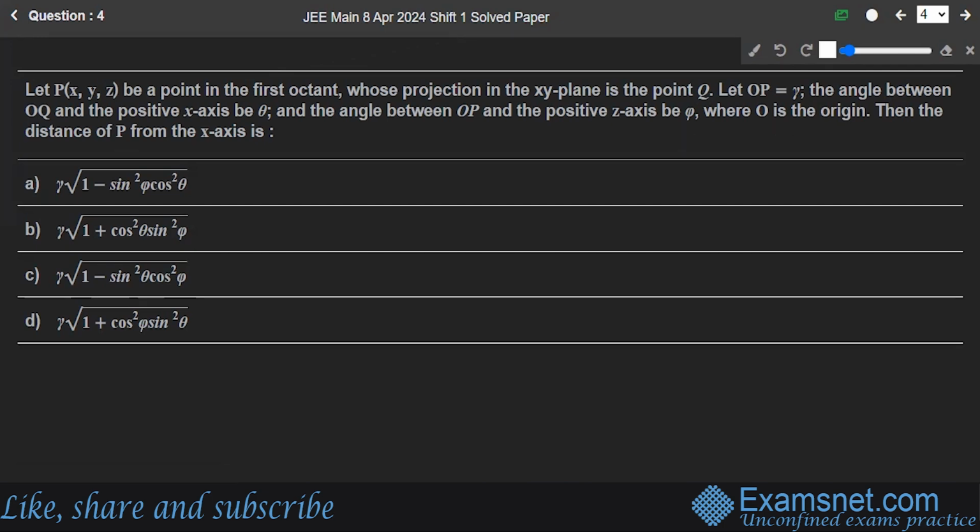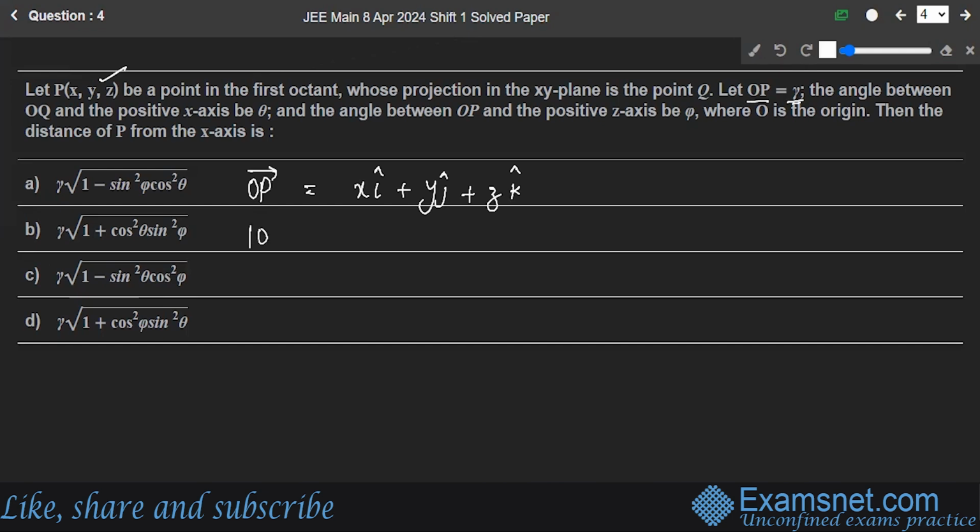So you have to find out the distance of P. That means, first of all, I have to go with this XYZ thing. Let's start with it. So first thing, O is the origin and P is given by x, y, z. So the OP vector will be xi, yj and zk. Now you're given that OP is equal to gamma.